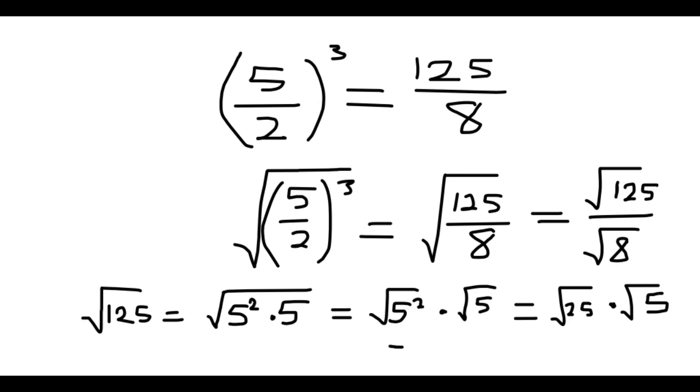All this can be written as 5, since the square root of 25 is 5, multiplied by the square root of 5. So we have been able to simplify the numerator. Now let's simplify the denominator.